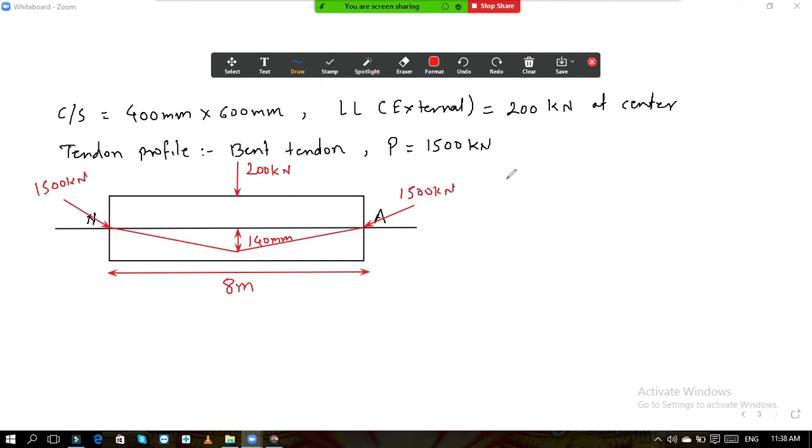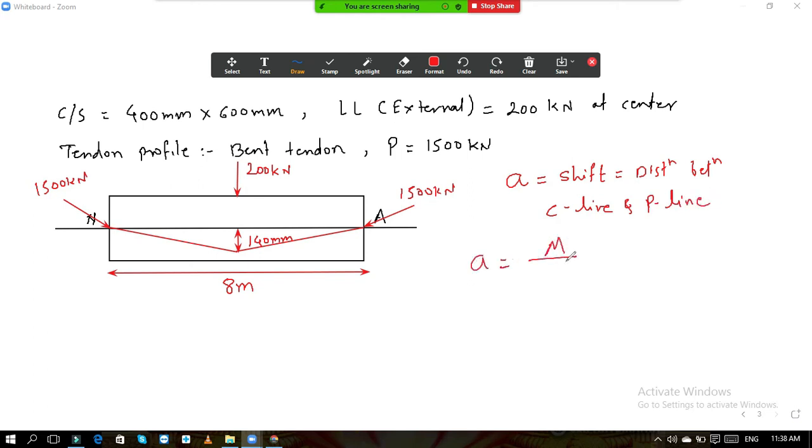First of all, I can calculate the shift a. a is the shift. Shift means the distance between the C line and the P line. So that is what I want to calculate. What is the formula for shift?